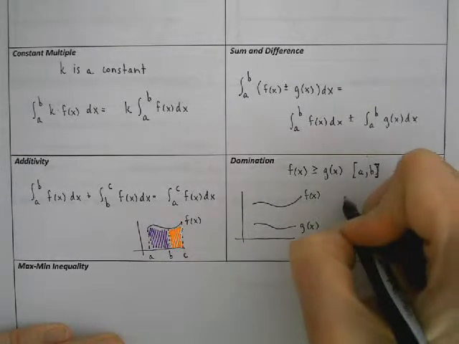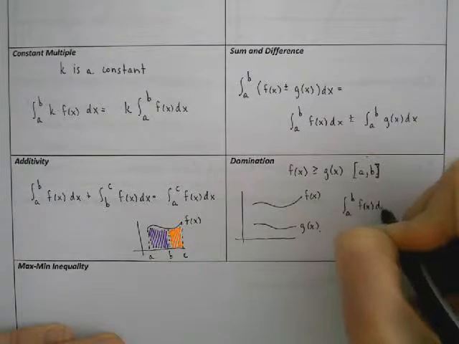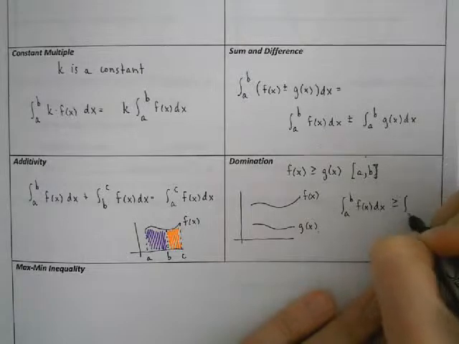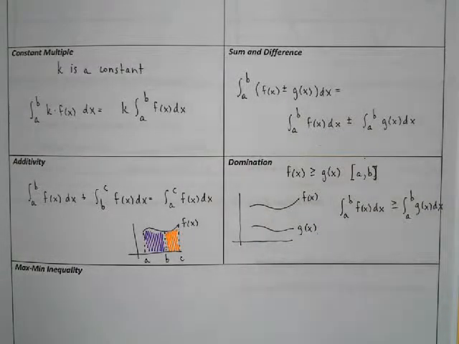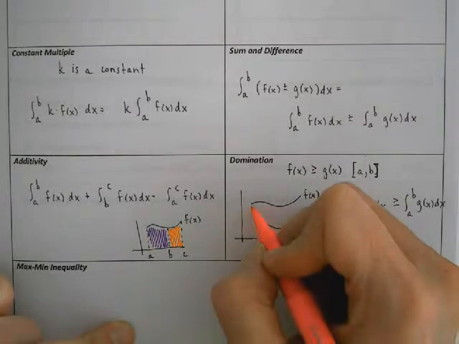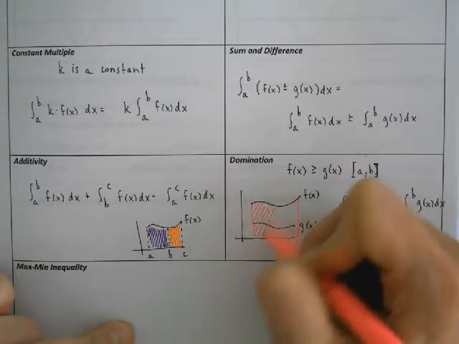then we know that the integral from a to b of f of x is also going to be greater than or equal to the integral from a to b of g of x. And again, that's because we're talking about the area under the curve. So if I'm talking about the area or the integral from a to b of f of x dx, I'm talking about this total area.